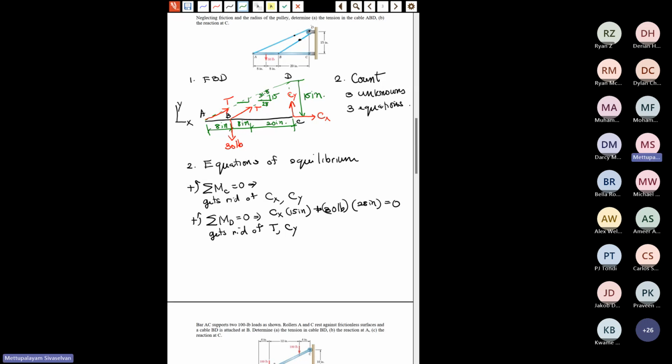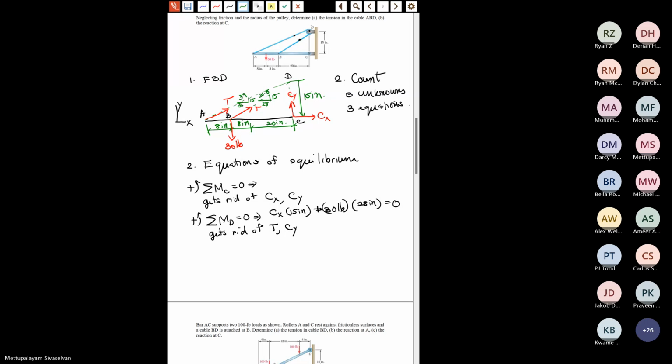And this one's 36, that one's 15 again. So 36 squared plus 15 squared, the square root of that is 39.